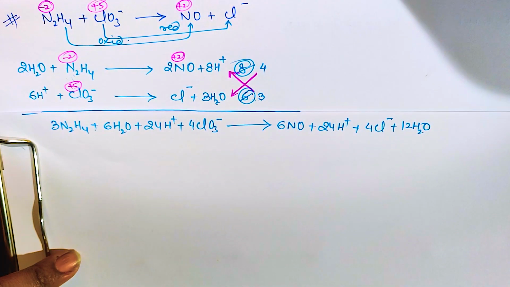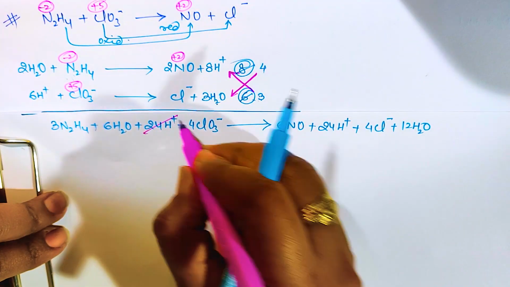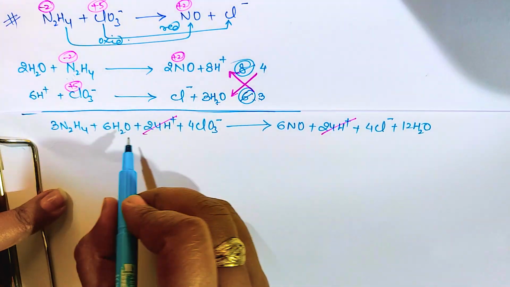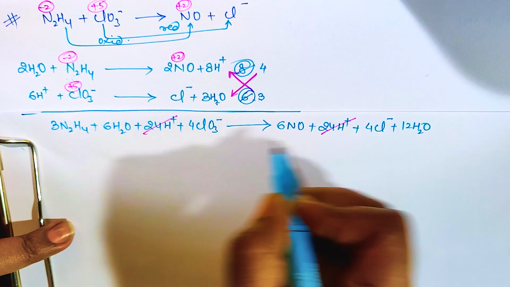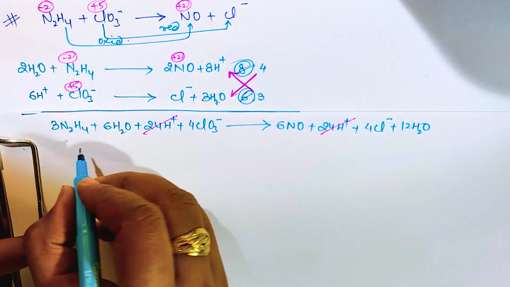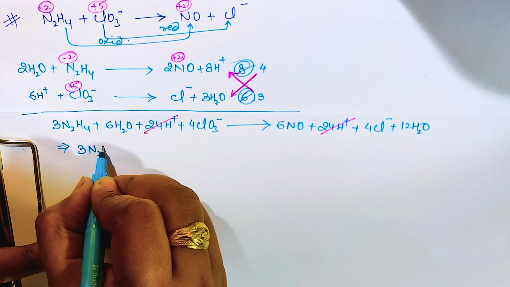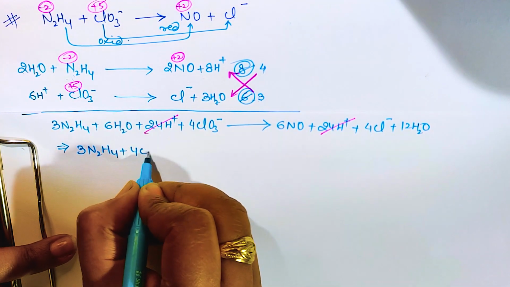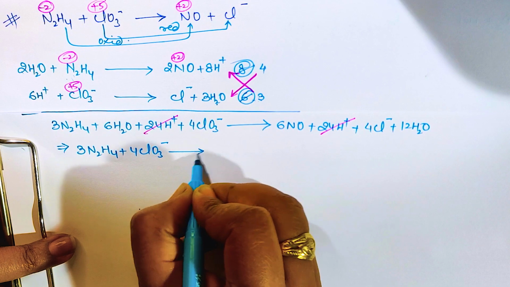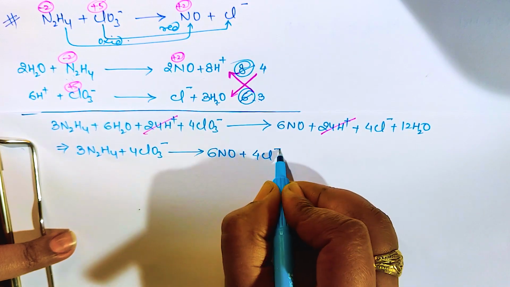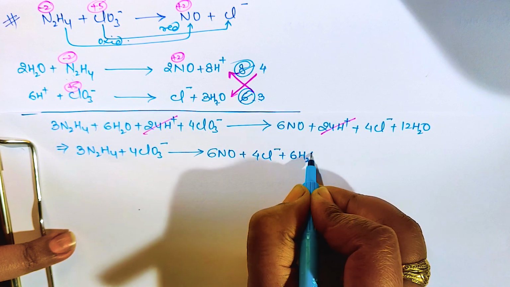Any doubt in this? Now what next? This 24H plus and 24H plus are common, so it will be cancelled out. There are 6H2O but here 12H2O, so it will be cancelled. So let me write the final equation. This is 3 N2H4 plus 4 ClO3 minus, changes into 6 NO plus 4 Cl minus plus 6H2O, isn't it?